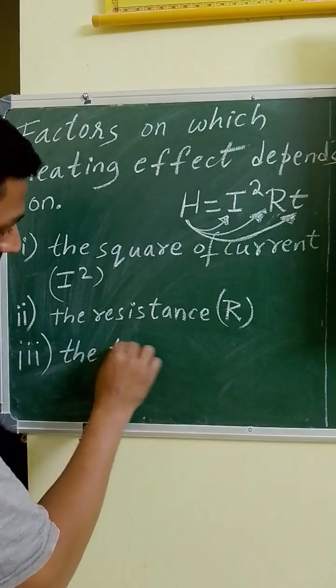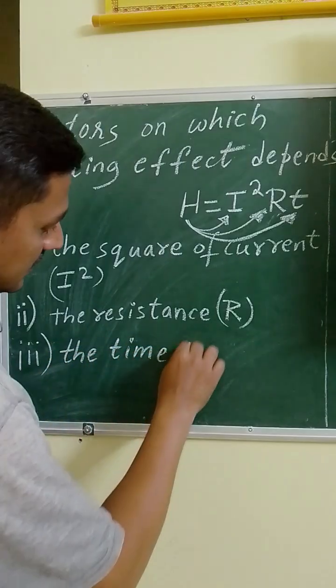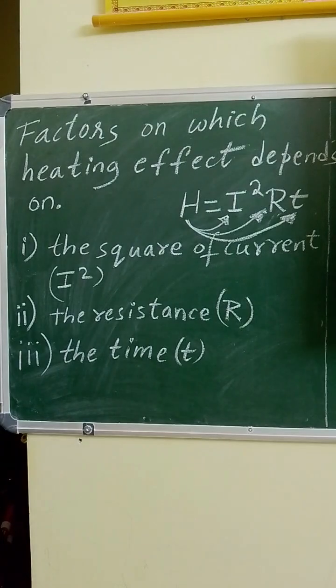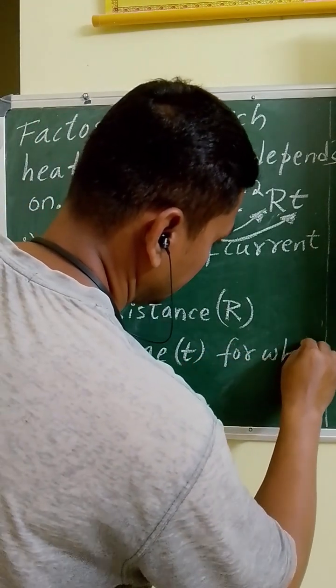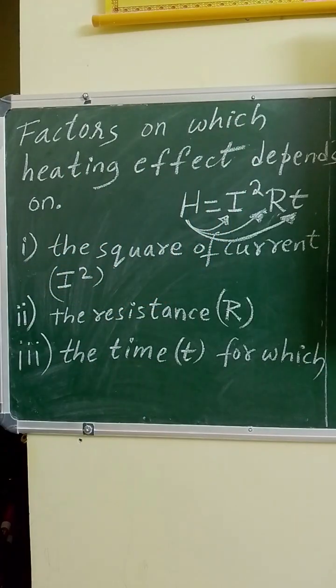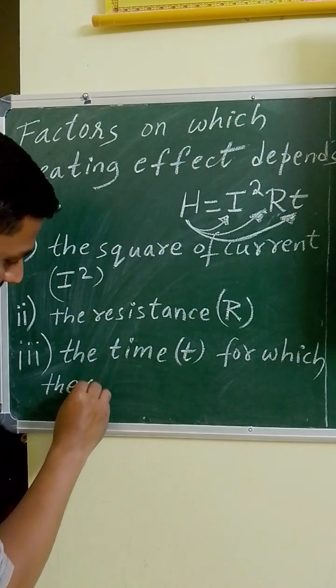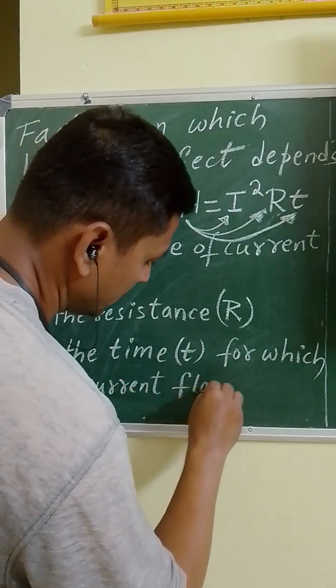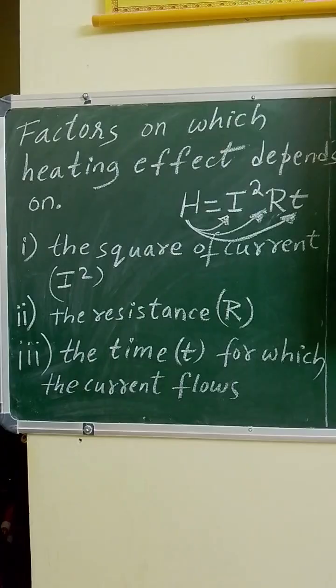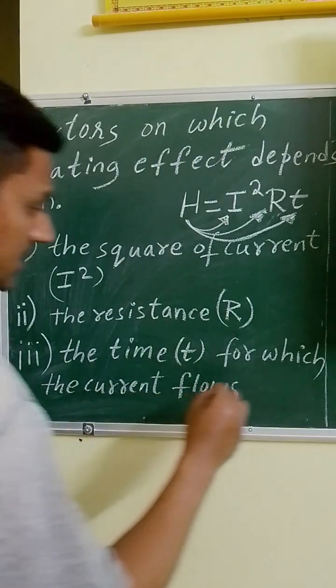The time t for which the current flows through the resistor.